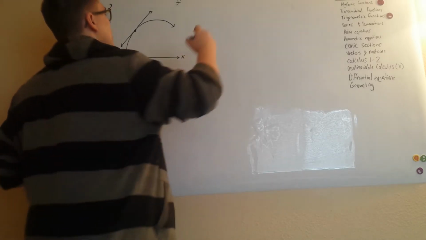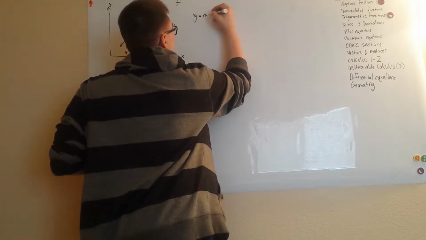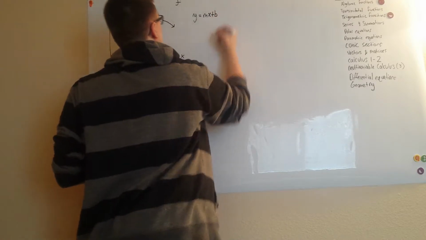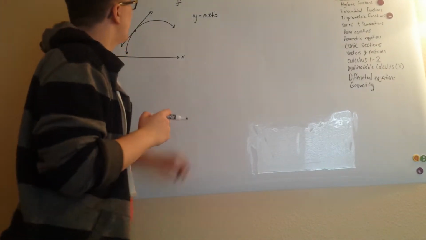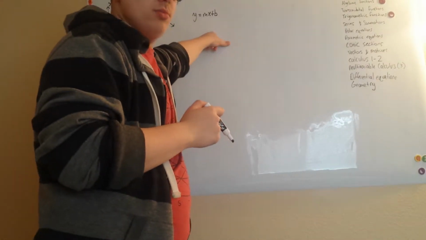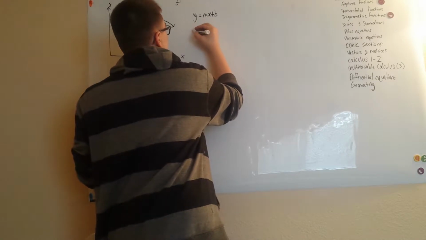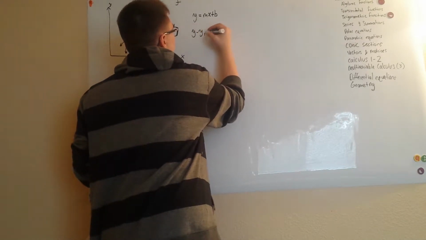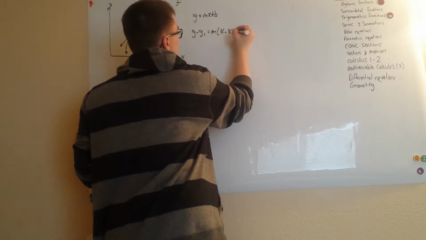Well, we know that the equation of a general line is y equals mx plus b. That's the slope-intercept form. But there's another form that's kind of helpful. This one's point-slope form.